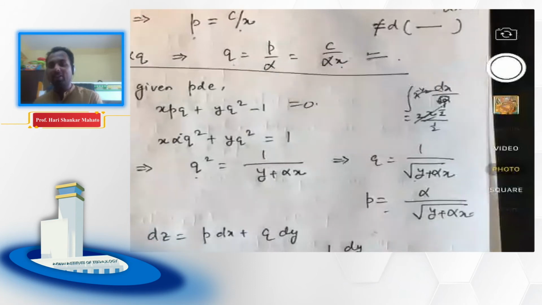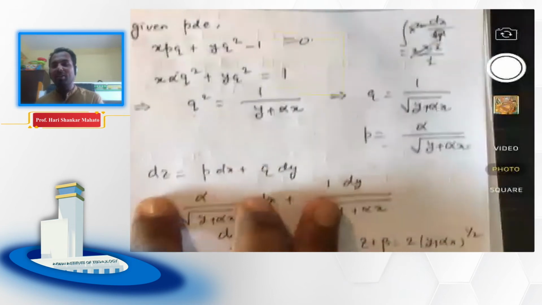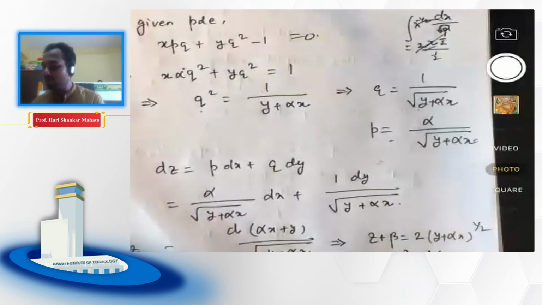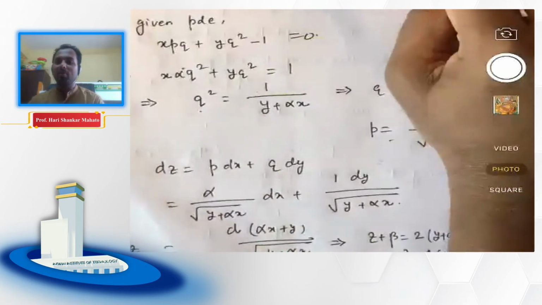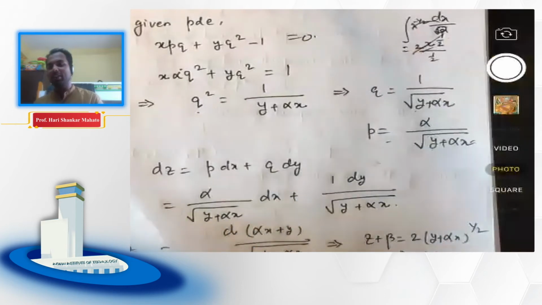So this is the trick. You always have to experiment with what kind of p and q you really need so that you can write this as a perfect differential, or d of something, so that you can do the integration. I'll show you one more example, and then we will move on to our next topic.